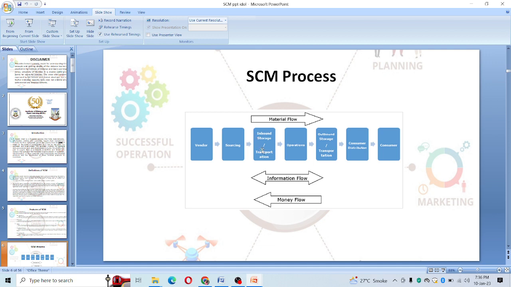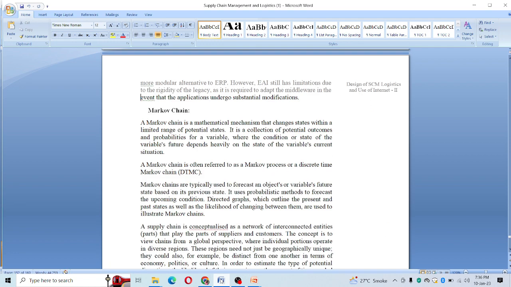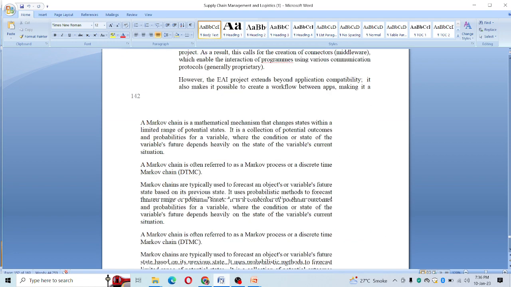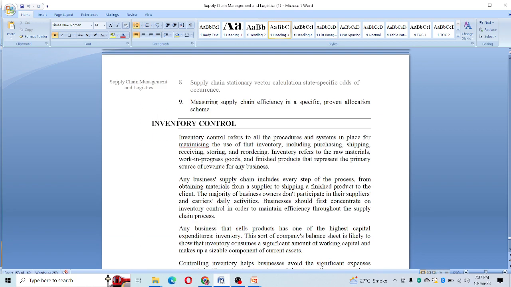Previously, ERP was known only as material resource planning or manufacturing resource planning, but slowly and gradually it is covering the entire supply chain management. So in the notes part we have ERP, for which we have also seen the PPT and discussed it in detail. Then we will discuss the Markov chain.